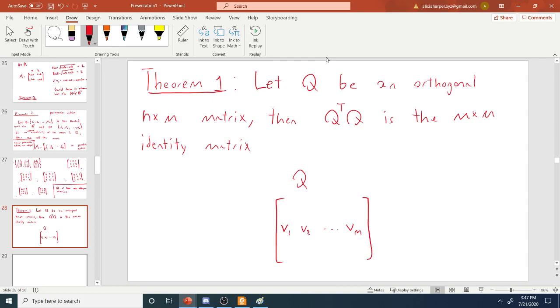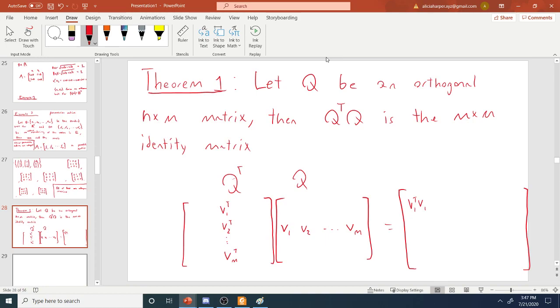Then over here, Q transpose can be understood as having a sequence of rows: V1 transpose, V2 transpose, and so on, up to Vm transpose. And so if we take the product of Q transpose with Q, we get the matrix that has as entries, well, up here we're going to have V1 transpose times V1. Over here we're going to have V1 transpose times V2, and so on, up to V1 transpose times Vm.